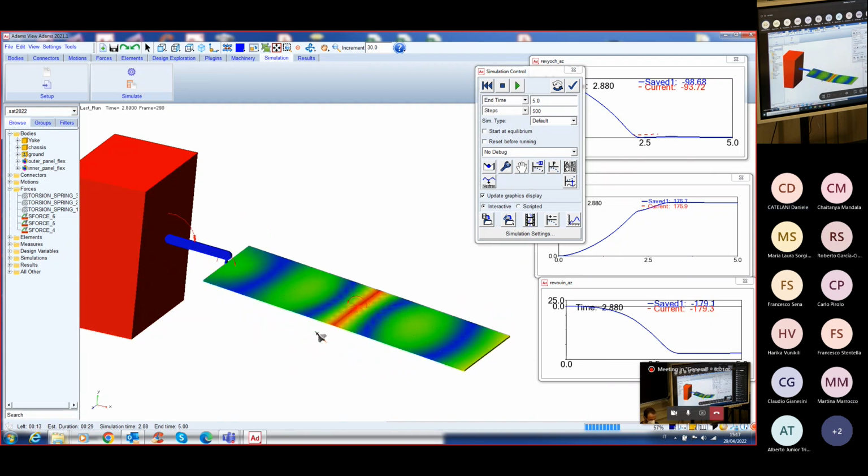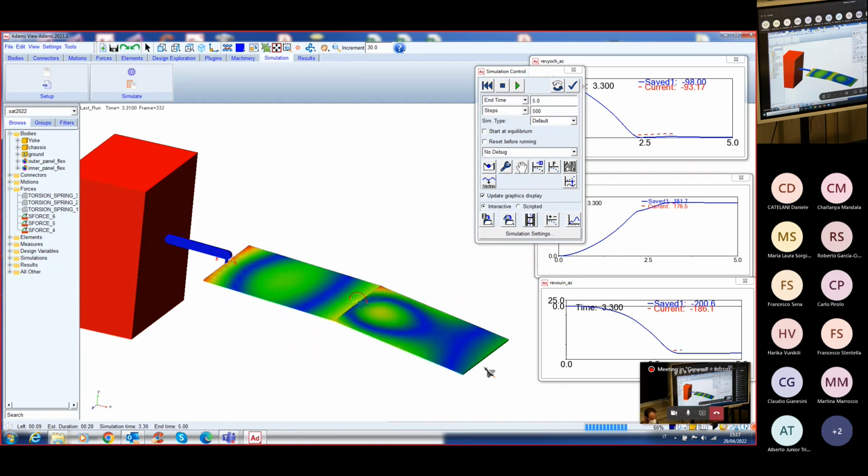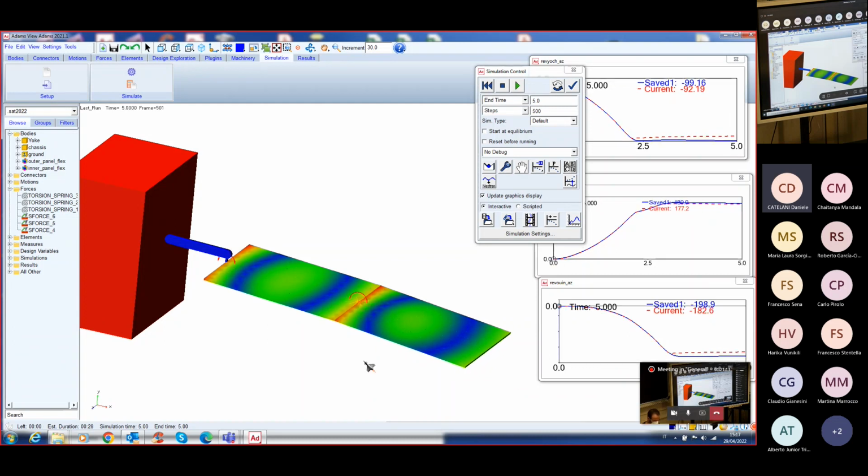You see, colored maps show you deformation and stress of the model. And you have this information in terms of animation, which is, let me say, interesting from a qualitative point of view, but it's important to have this information from a numerical point of view. So save, please, this analysis with the name Flex analysis, and go to the post-processor.